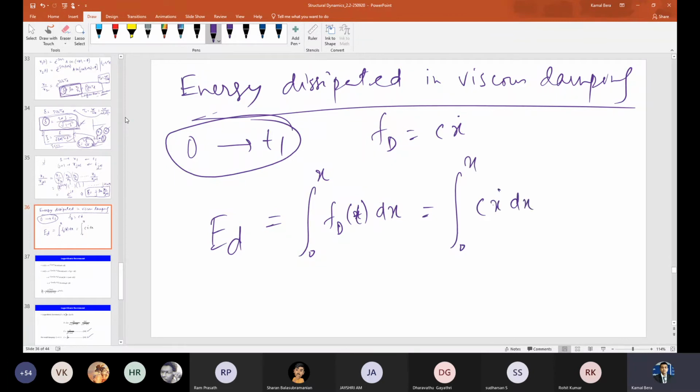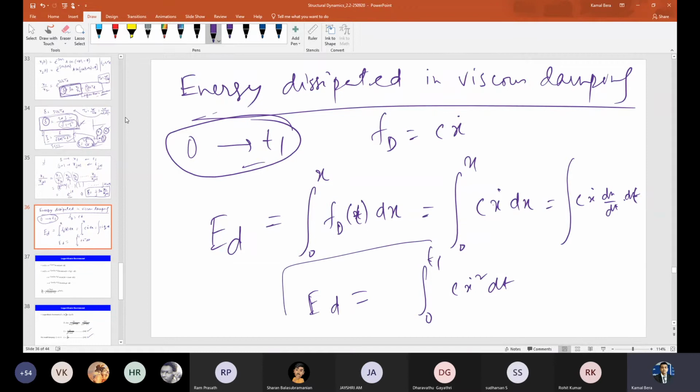Writing in terms of time, dx by dt, gives the integral of C x dot squared dt from 0 to t1. This is the energy dissipated in time t1 due to damping C.